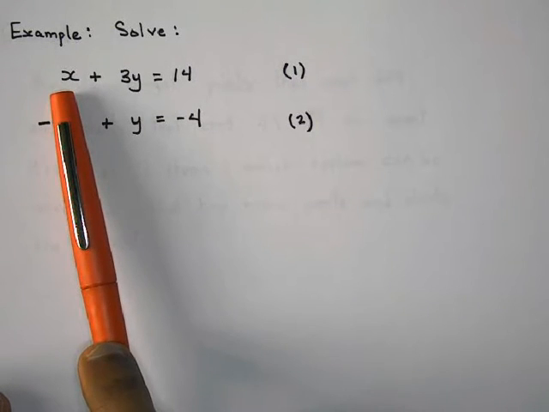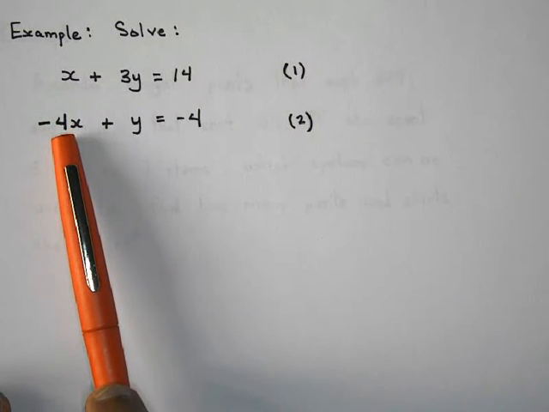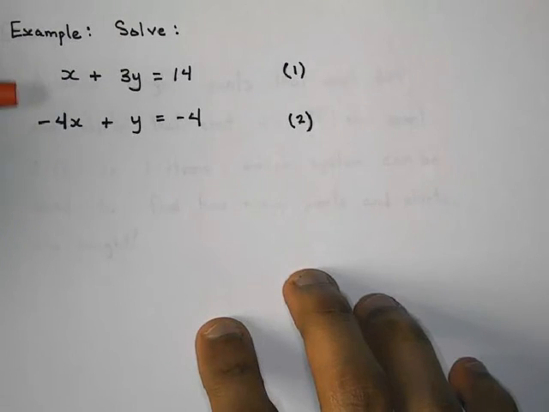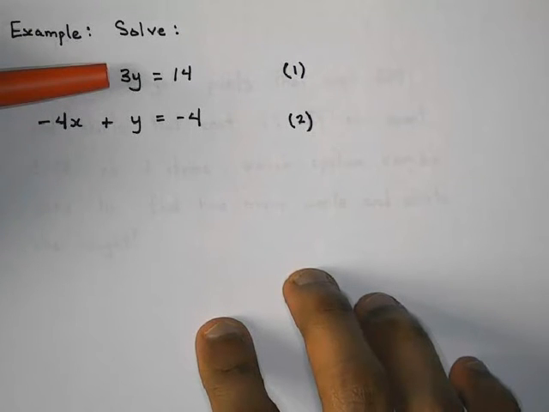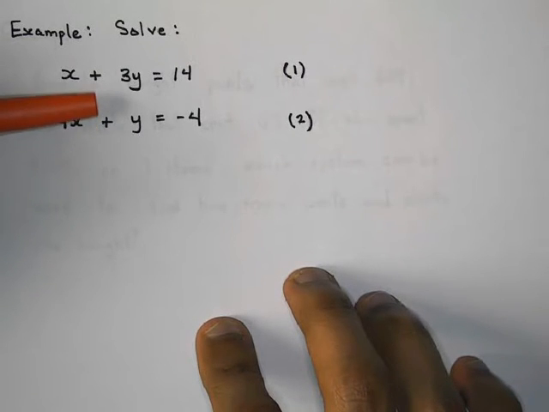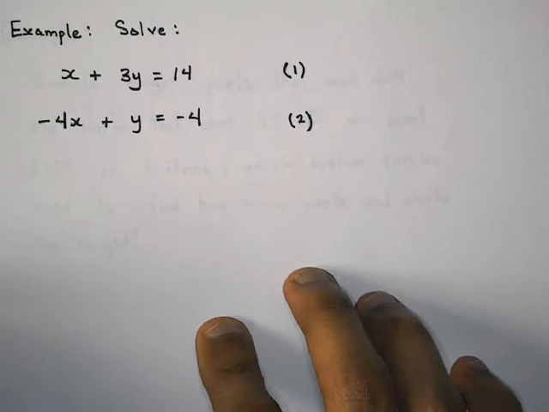It'd be nice if this was a 4x, because then 4x minus 4x would cancel out. So these two right here could work. If I look at the y, I have a 3y and then a positive y here. It'd be really nice if this one was a negative 3y. Then it could cancel out this 3y.